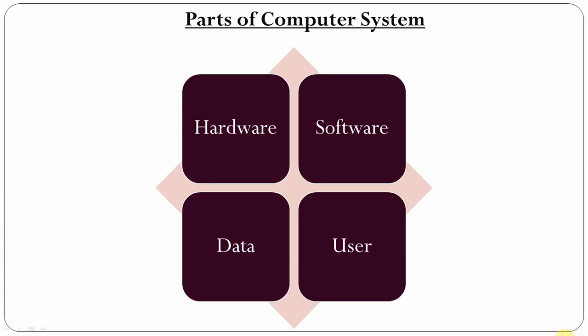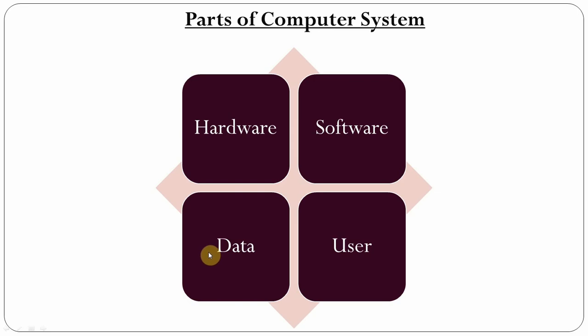Third part is the data. So, what is data? It consists of raw facts which the computer can manipulate and process into information that is useful to people. Computers use data in digital form.